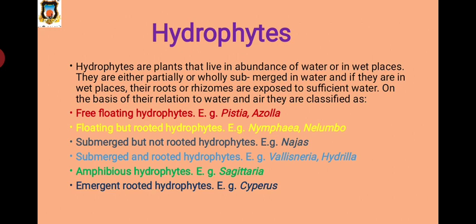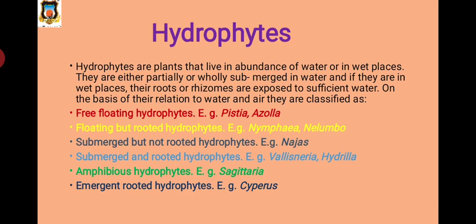In free floating hydrophytes, the roots are not functional, but in floating but rooted hydrophytes the roots are attached to underwater soil, and the leaves have long petioles, which help the plant float on the surface of water. These leaves float on the surface and capture sunlight to perform photosynthesis. Examples are Nymphaea, Nelumbo, Trapa, etc.